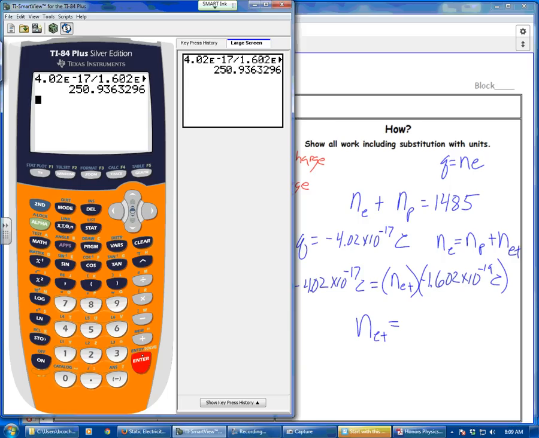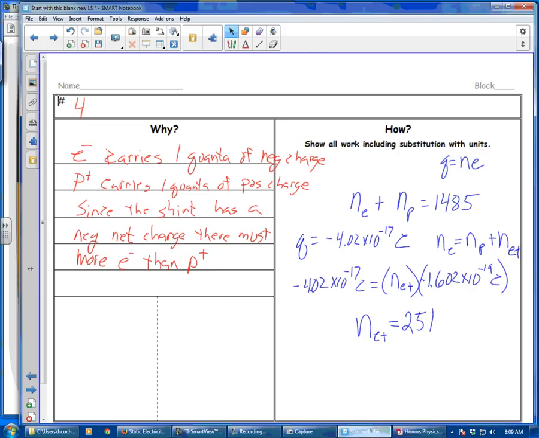And that tells me that, now I need to round that, can I have 0.936 of an electron? No. So there's 251 extra electrons on my shirt right now. Okay?